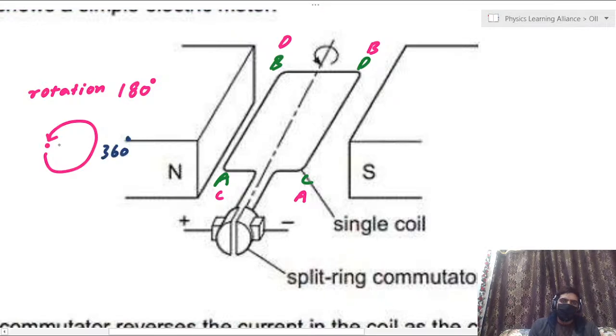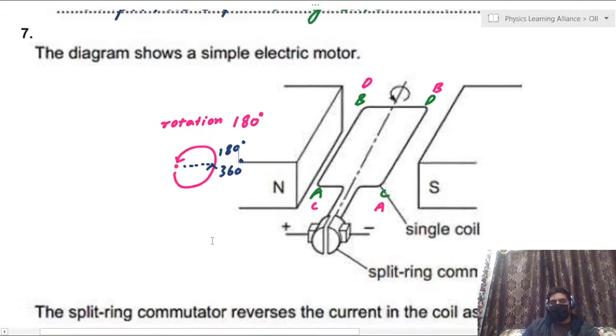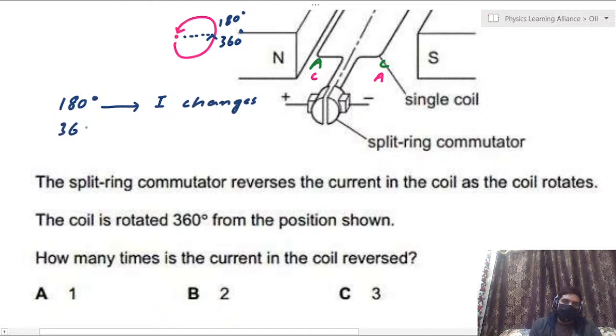But half the rotation at this point would be 180 degrees. So the split ring has to change the direction of the current at 180 degrees. After the next 180 degrees, it would change the direction of current once again. So in 360 degrees, it is changing the current 2 times.